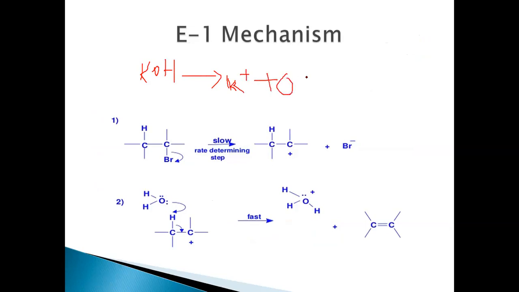In the first step the bromide is leaving, that is Br minus, C-Nu bond breakage occurs in the first step. Unlike the E2 reaction where the C-Nu bond breakage and CH bond breakage are occurring in a single step.